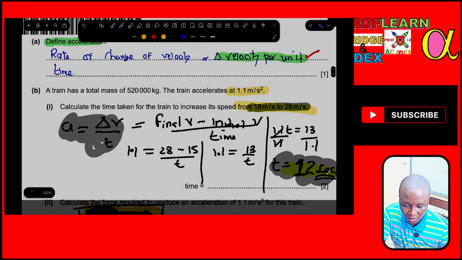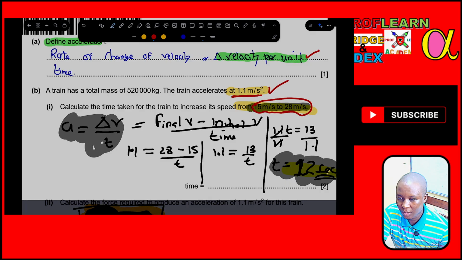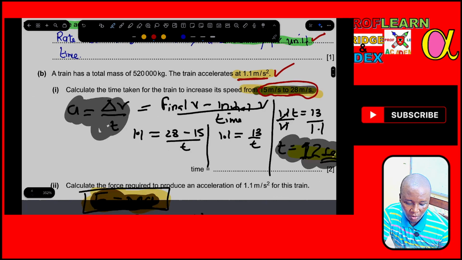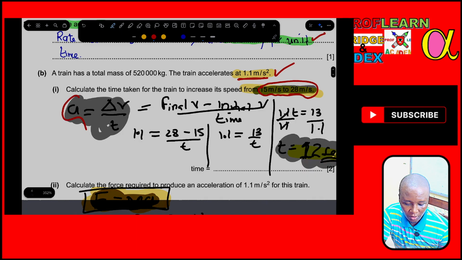Calculate the time taken for the train to reach this particular speed, from 15 to 28, if it's accelerating at 1.1 meters per second squared. The first thing we need to understand is that acceleration is equal to change in velocity over time. But how do you get change in velocity? It is final velocity minus initial velocity.